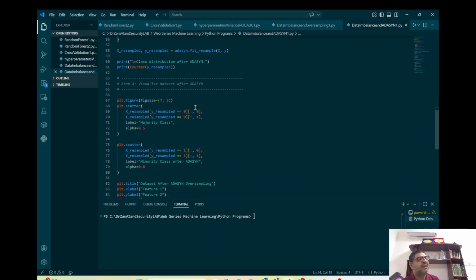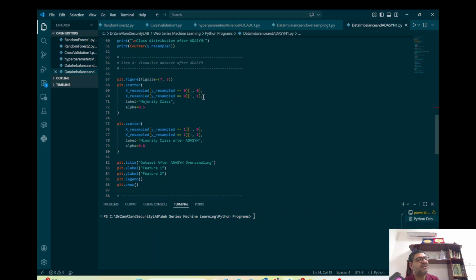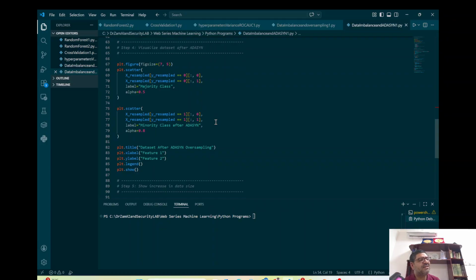If you just see, it will be in one row, putting the values of x only, and then in one more label it will be putting another row. That means the minority and majority class will be represented here. And then alpha is equal to 0.5, this is the transparency, so transparency is 0.5 for this plot.